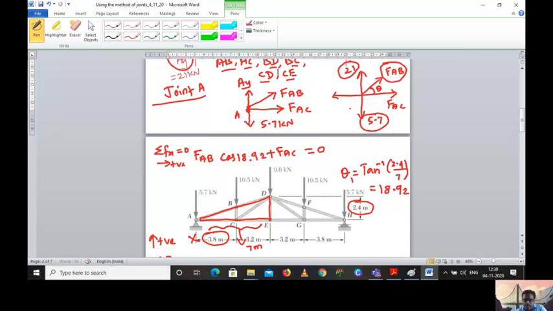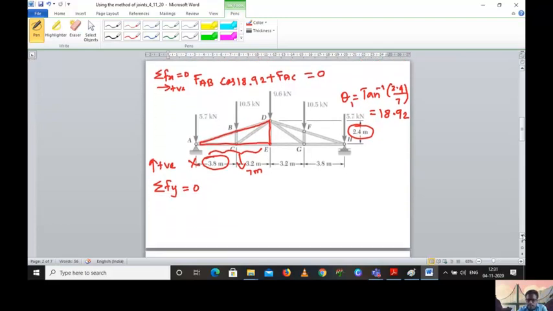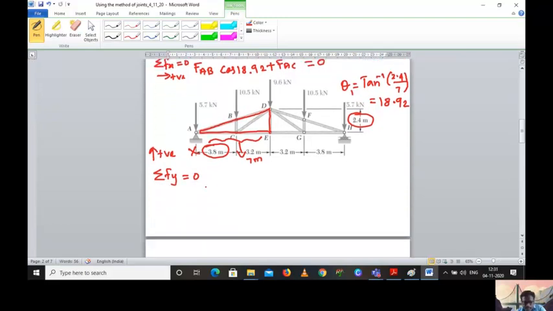So these three components come in the vertical direction. Upward is positive, so first I write 21 positive, then minus 5.7, and then plus FAB sin 18.92 is equal to 0.